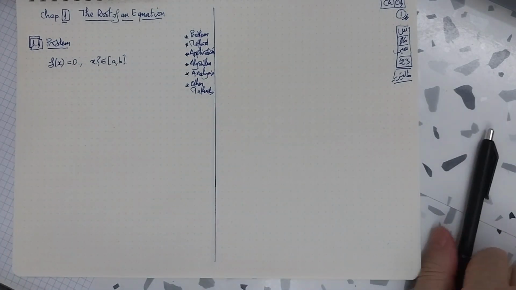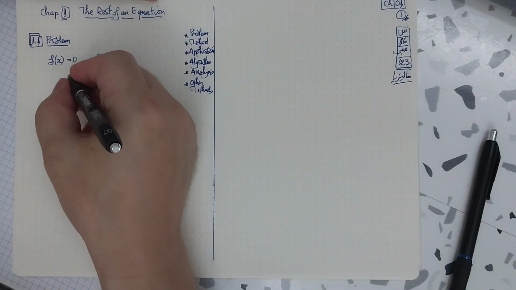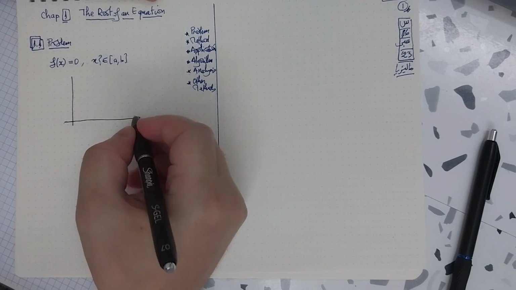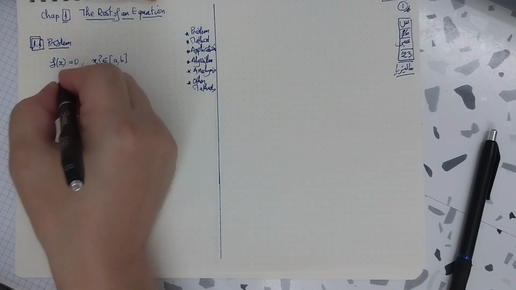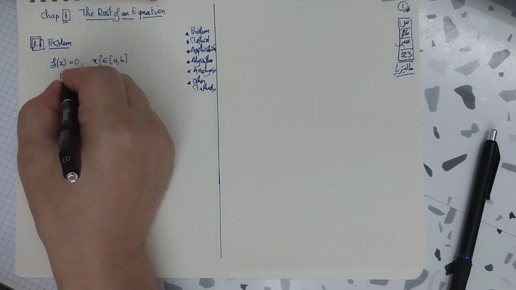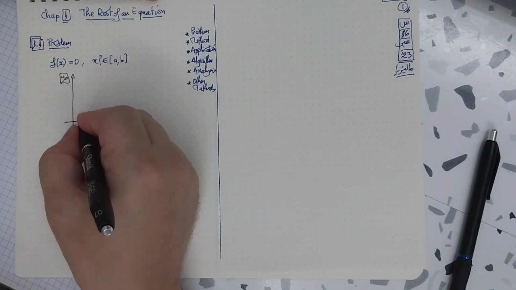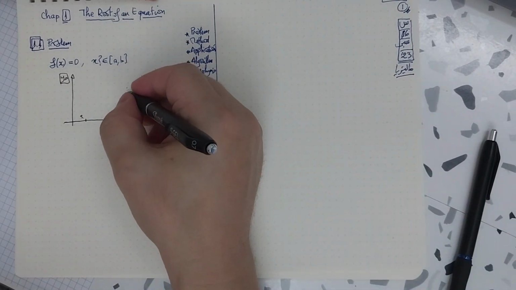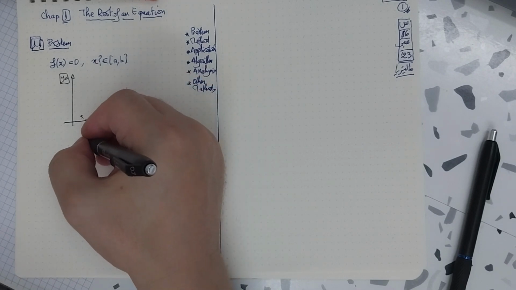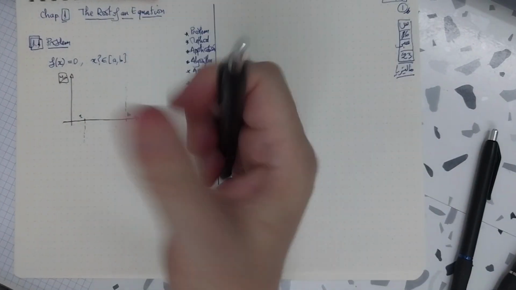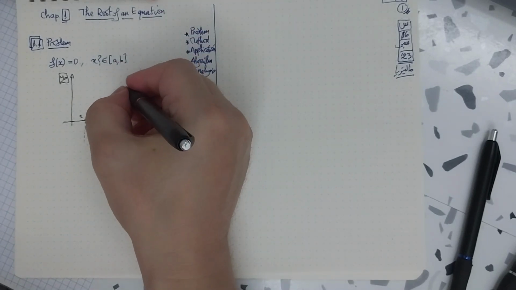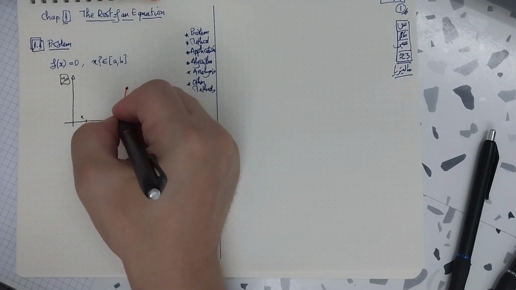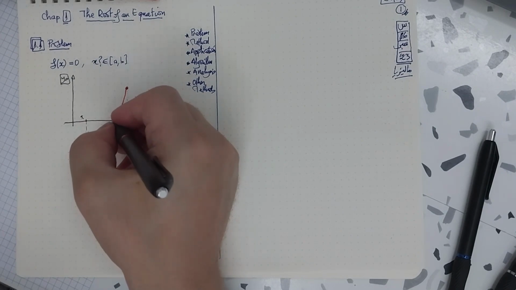Or graphically, let's draw the axis, the x-axis and the y-axis. Between A and B, the curve... this is the image of B, and this is the image of A. And our curve should be like this. It cuts.